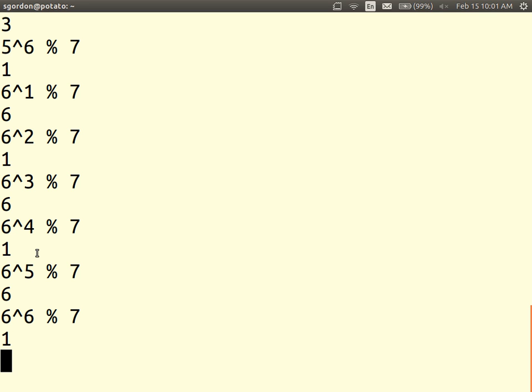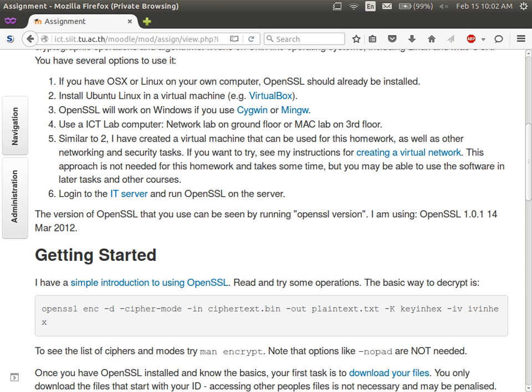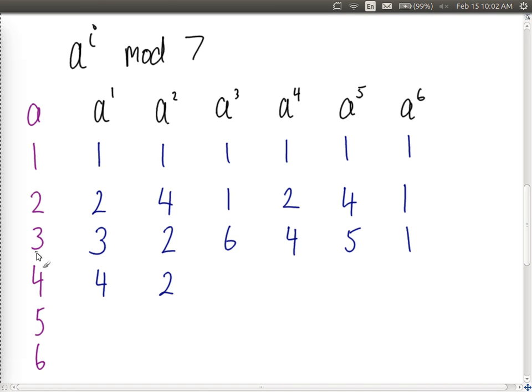For different values of A, when do you get unique answers? Let me write them down.